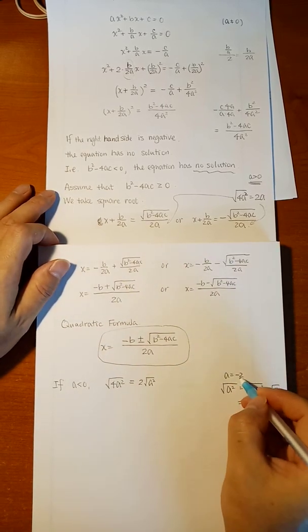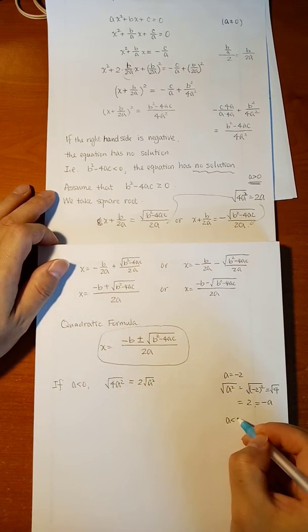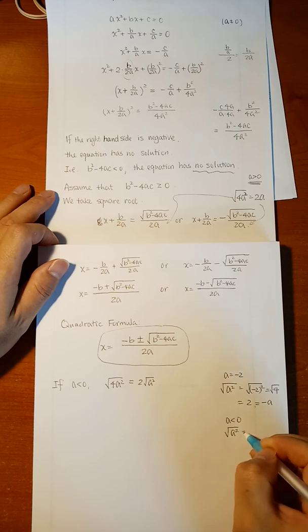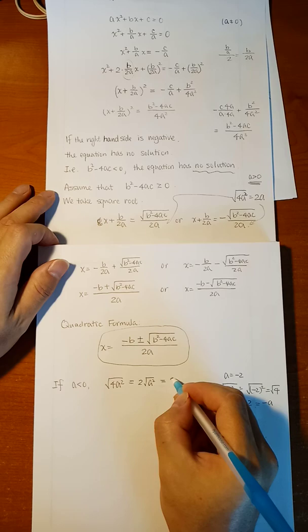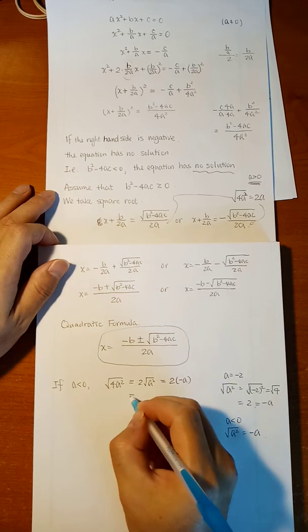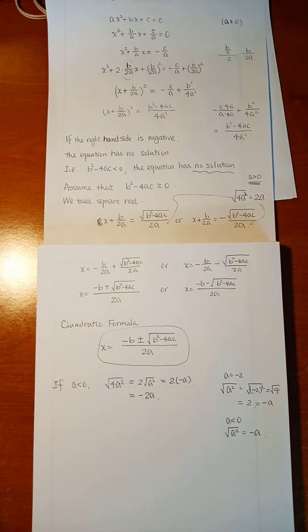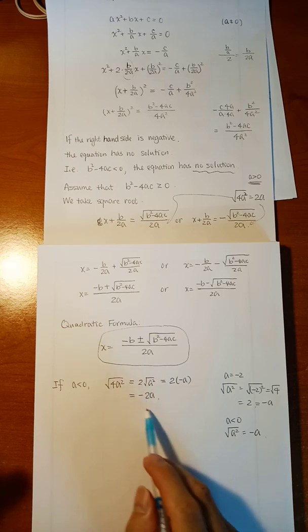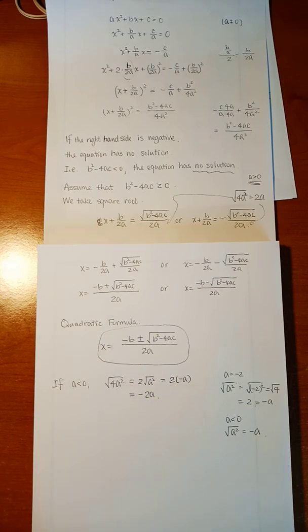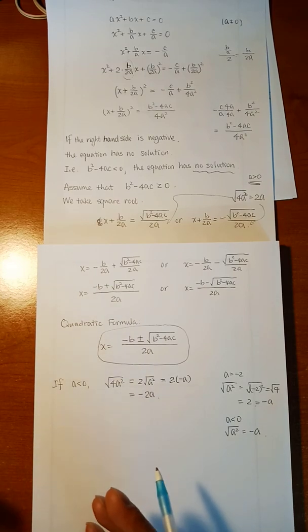So when you have a negative number, the square root of a squared is equal to negative a. So when you have a negative a, you get negative 2a. This number is positive, because a is negative, with the negative sign, it becomes positive. Flip the negative number to be a positive number.